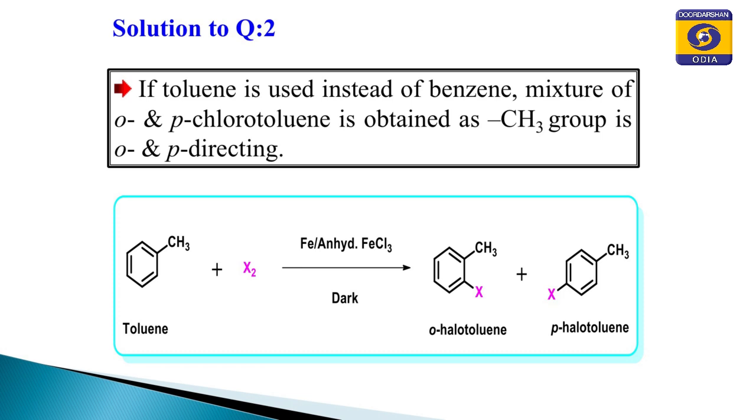Similarly, what is the answer to question number 2? That is, if toluene is used instead of benzene, what will be the product in halogenation reaction? So, toluene when treated with halogen in presence of aluminum halide or anhydrous ferric chloride produces the mixture of ortho and parachlorotoluene, provided the halogen is chlorine, and if it is bromine, then you will get orthobromotoluene and parabromotoluene.